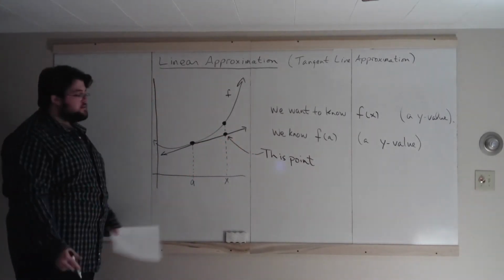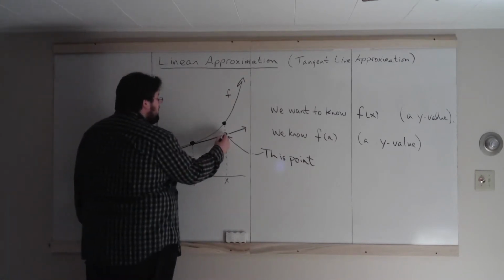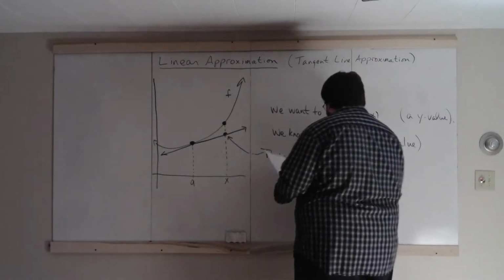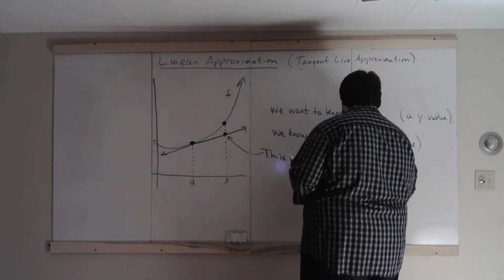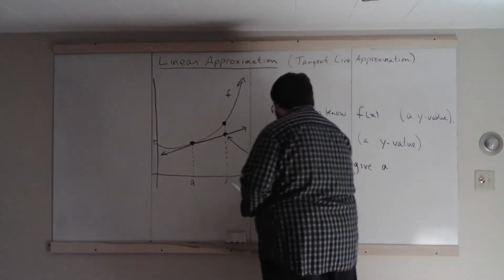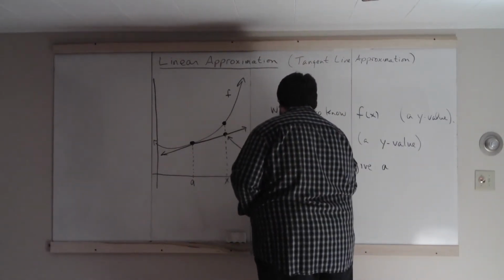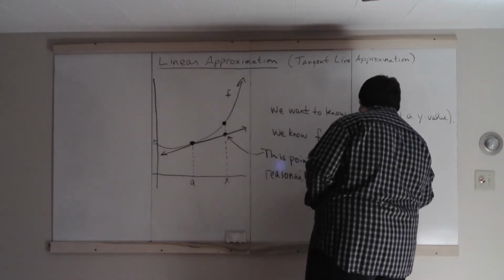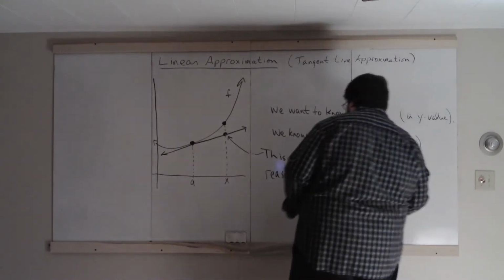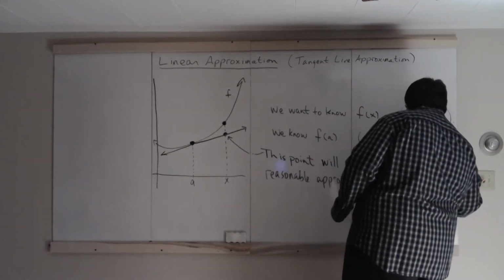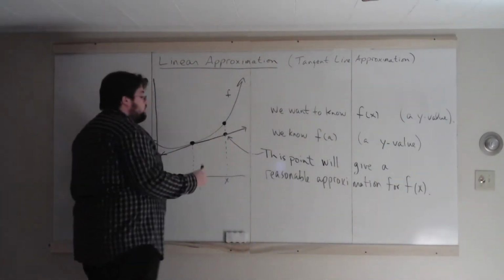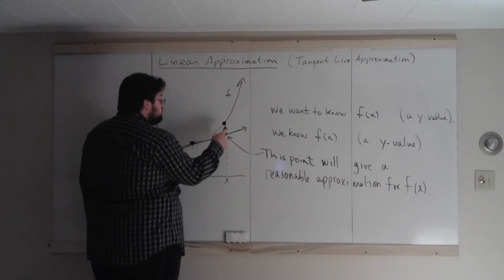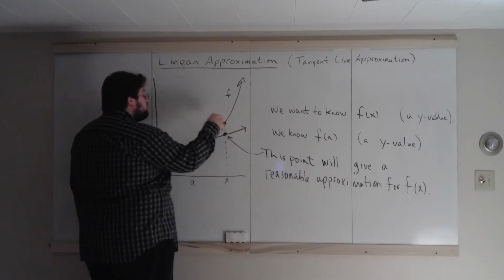We can find an equation for the tangent line, so we can find this y value corresponding to that given x value. And what we will find is that this point will give a reasonable approximation for f of X. Meaning, we can find this y value quite easily using the tangent line, and we're going to use that to approximate the y value we want, which is on the curve.